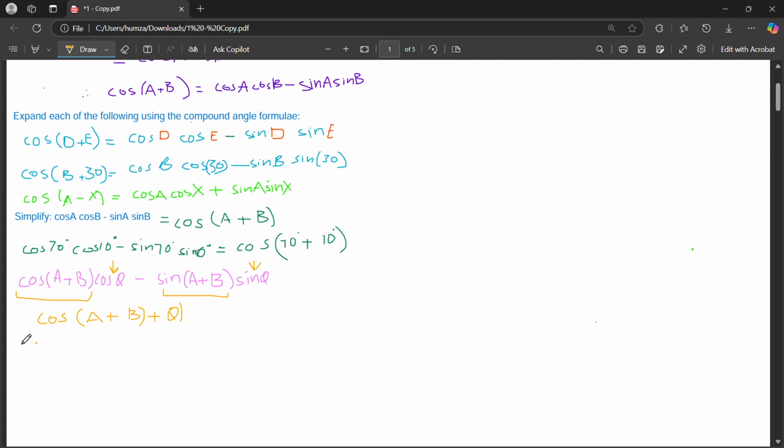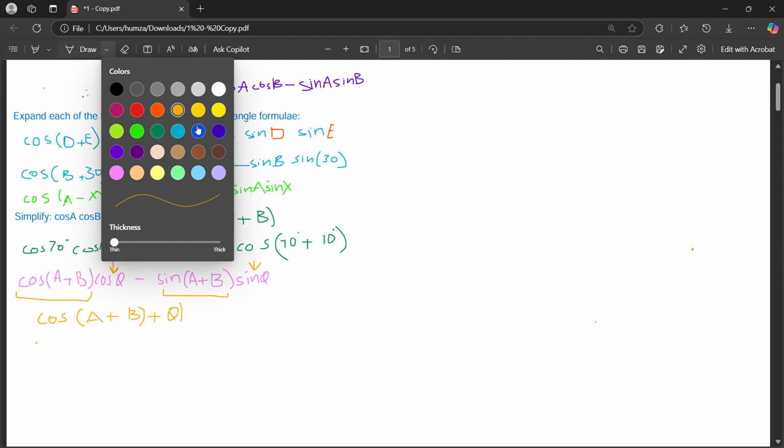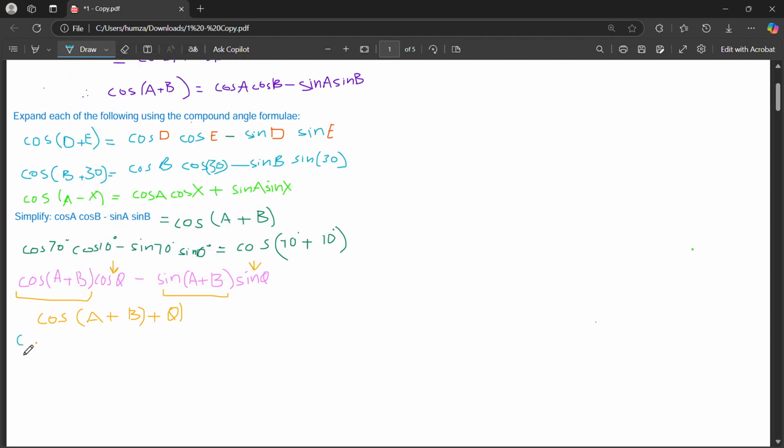Some more difficult equations they can give are, for example, cos y cos (y minus 45 degrees) minus sin y sin (y minus 45 degrees).